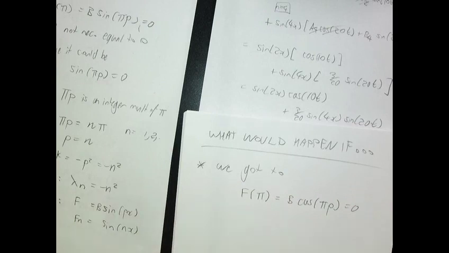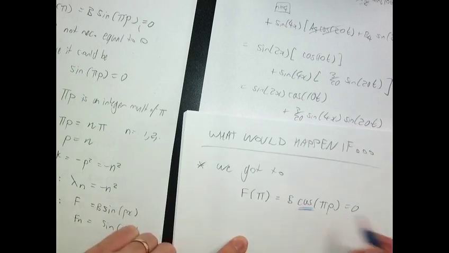What would happen if we got to there instead of where we actually got to, which had a sine? What would happen if it was a cos instead of a sine? That's what I'm asking.